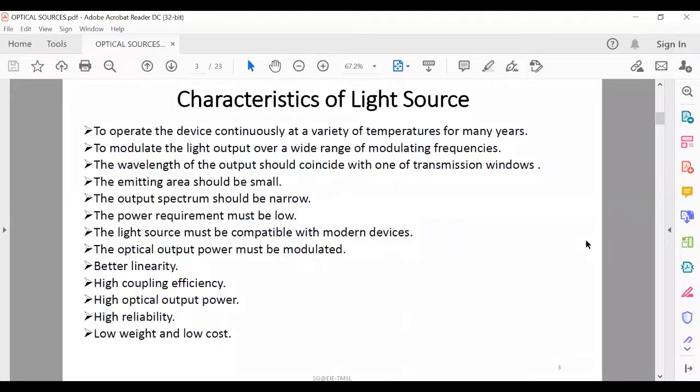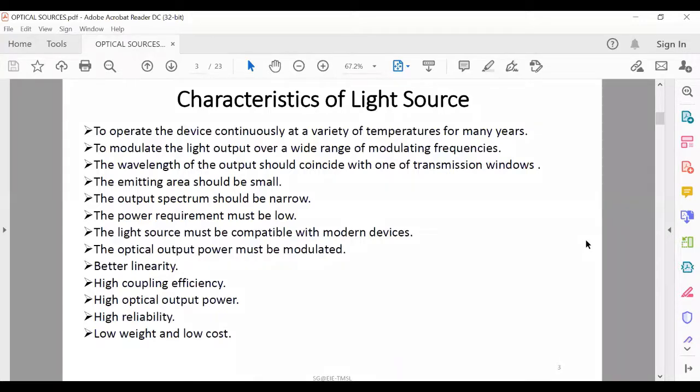Third, for fiber optics, for fiber links, the wavelength of the output should coincide with one of the transmission windows for the fiber used in that particular link, so the fiber type used must coincide with any one of those transmission windows. Next, to couple a large amount of power into an optical fiber, the emitting area should be very small.